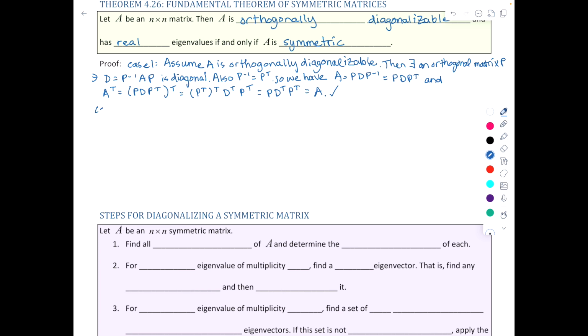Case 2, we have, let's see, assume A is symmetric.